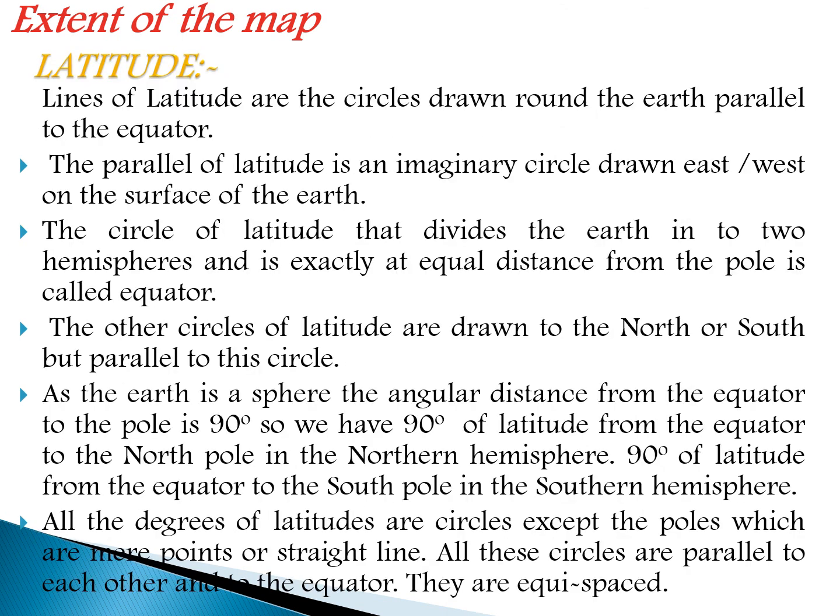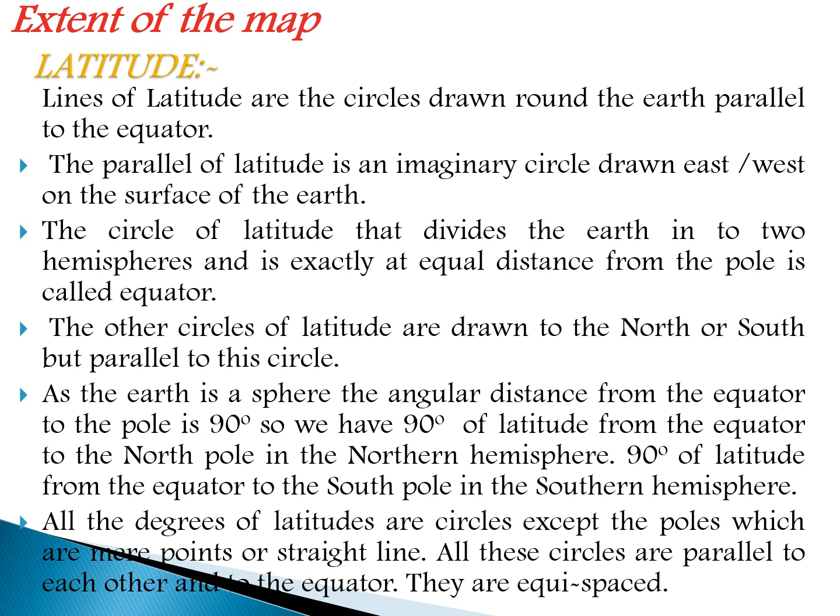Then come the latitudes. These lines of latitude are again imaginary lines or circles drawn round the earth parallel to the equator, that is, horizontal lines. The parallel of latitude is an imaginary circle drawn east or west on the surface of the earth.